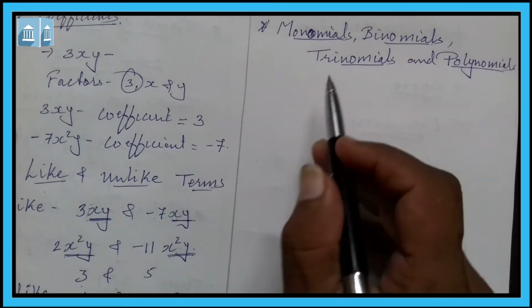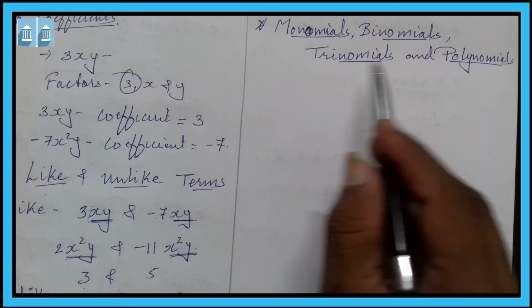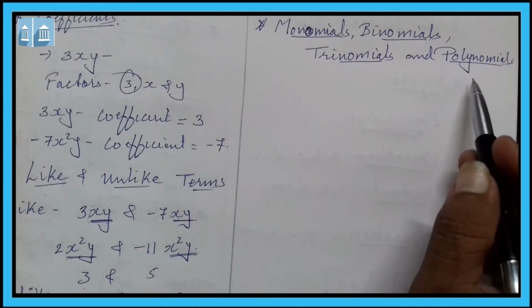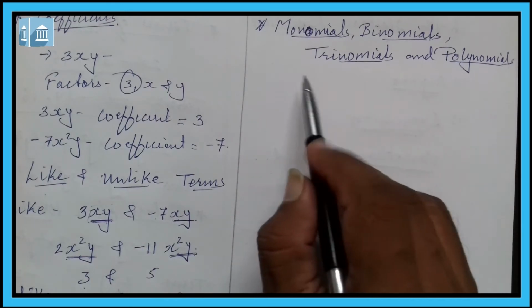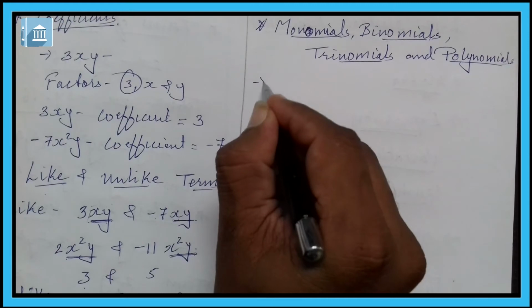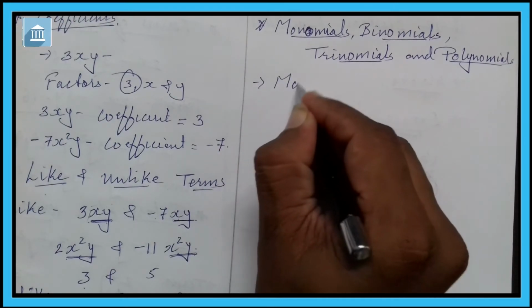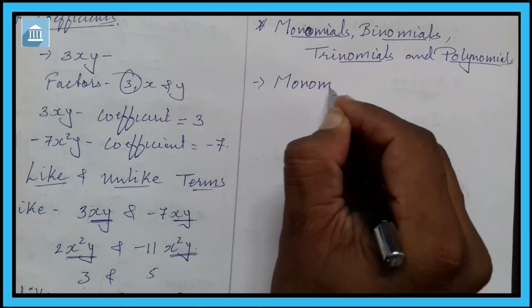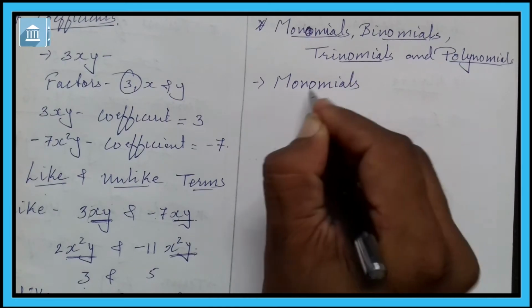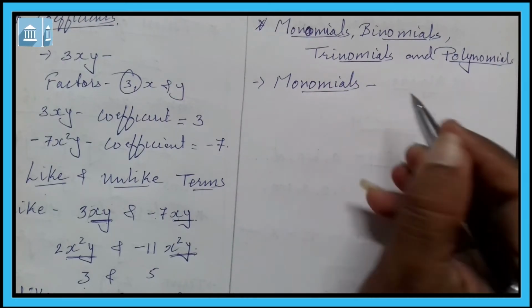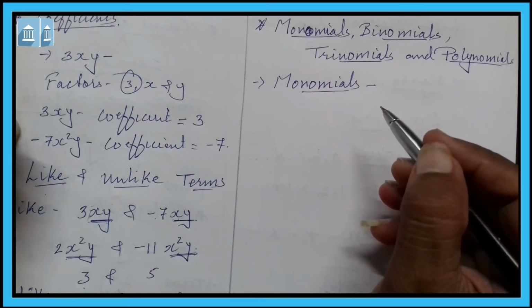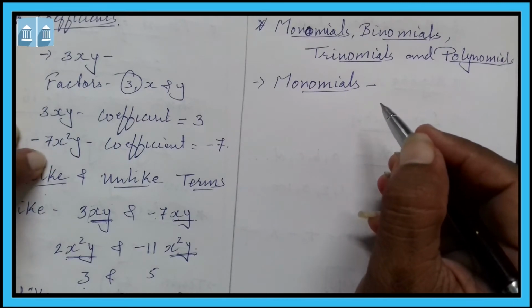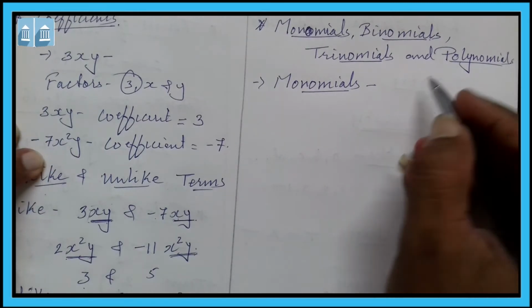Now let us learn about monomial, binomial, trinomial and polynomials. By the name itself we can understand that monomials are those expressions which have only one term. For example, 5xy has only one term.